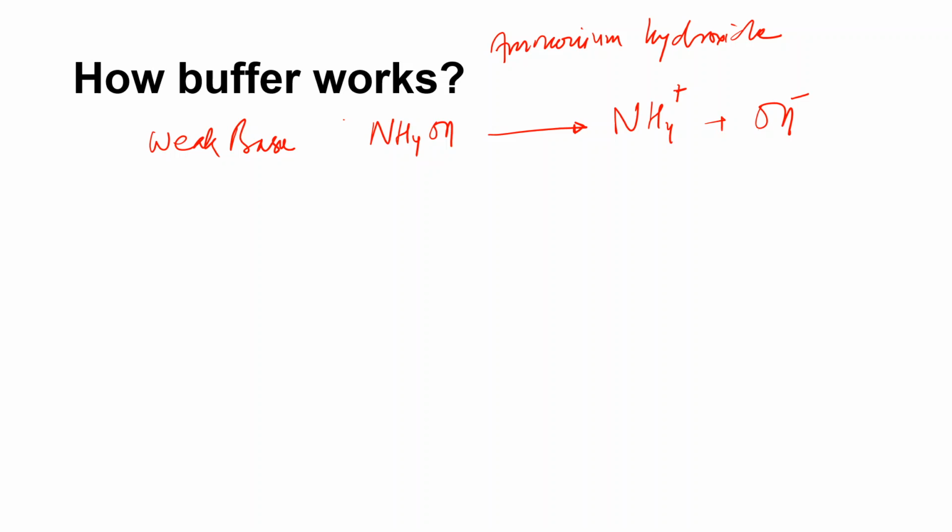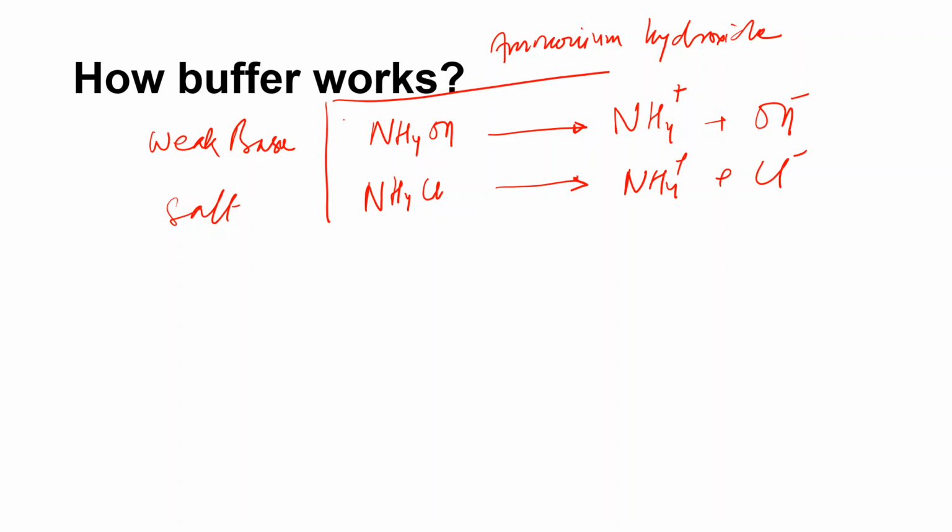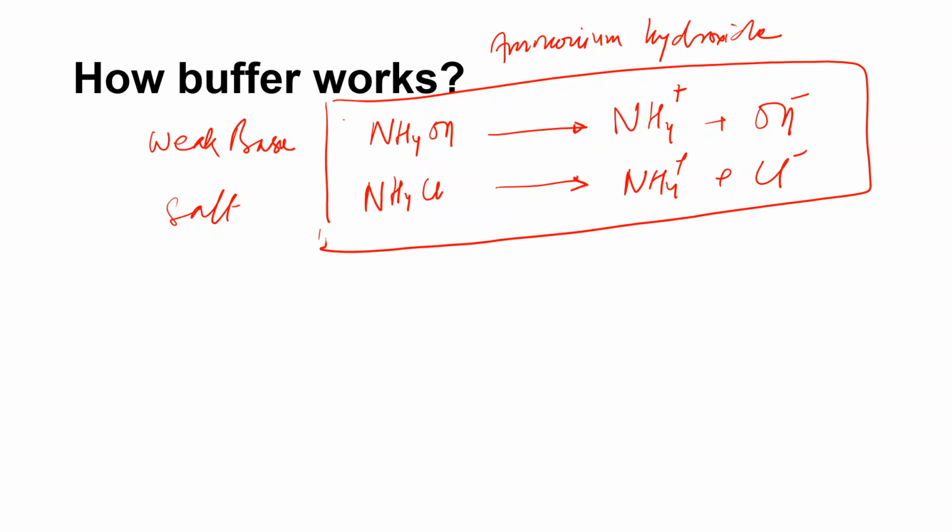Its corresponding salt will be ammonium chloride, NH4Cl. It will be dissociated into ammonium ion plus chloride ion. So this is basically a buffer solution, an ammonium hydroxide buffer solution.